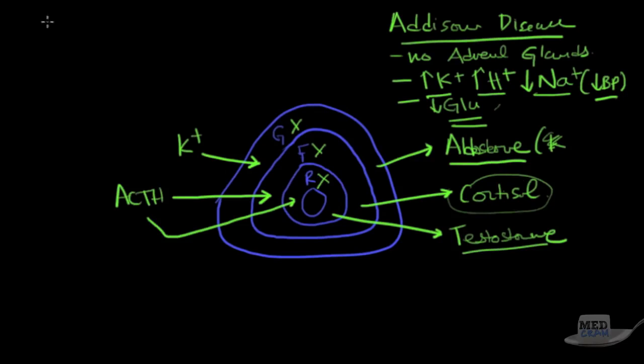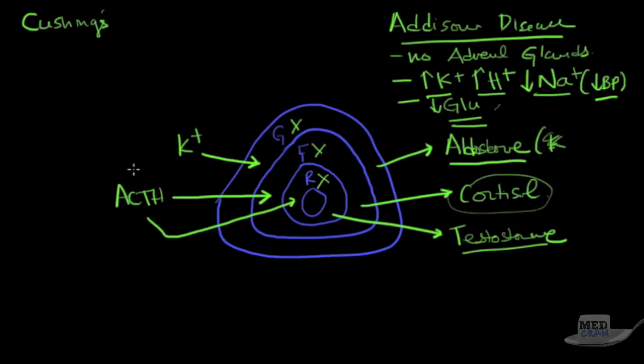That's the big problem. Let's go to the other side. What happens if you have too much of this going on? Well, you could have that from something called Cushing's. There's Cushing's disease and there's Cushing's syndrome. What's the difference between the two? Cushing's syndrome would be from any cause.